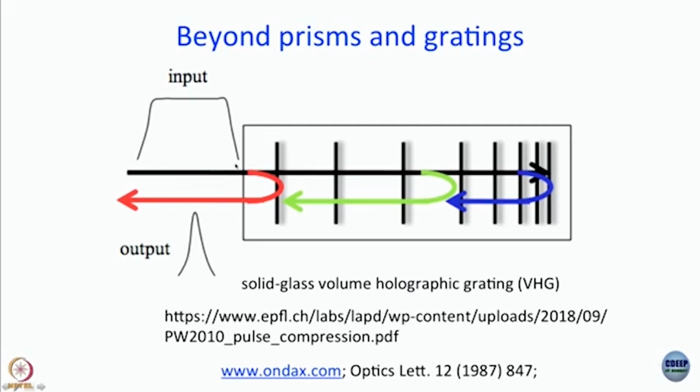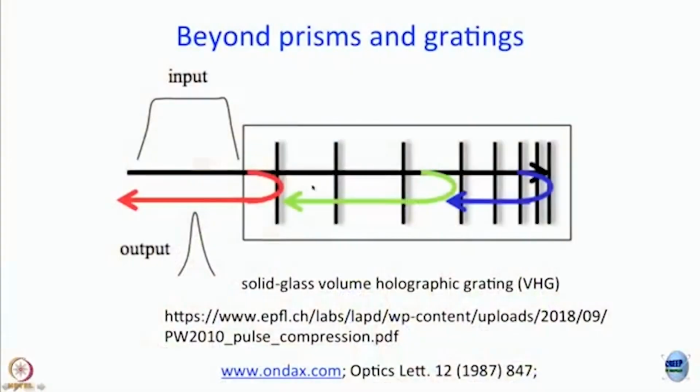So, typically what you have is, you have this fiber going in. If it goes in through here, then since it is a holographic grating, there are several reflecting surfaces, and different reflecting surfaces reflect different frequencies. It is as simple as that. So, red gets reflected first, followed by green, followed by blue.